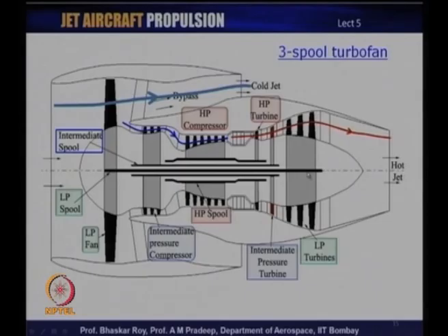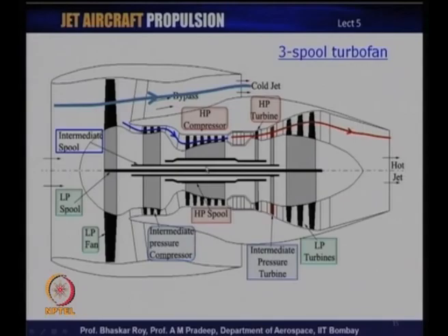The inner core of the shaft carries power from the outermost turbine or LP turbine through this inner shaft and carries power to the outermost compressor, which is the big fan, which is the LP fan. So, that LP spool or LP shaft essentially carries a huge amount of power from this set of LP turbines onto the LP big fan.